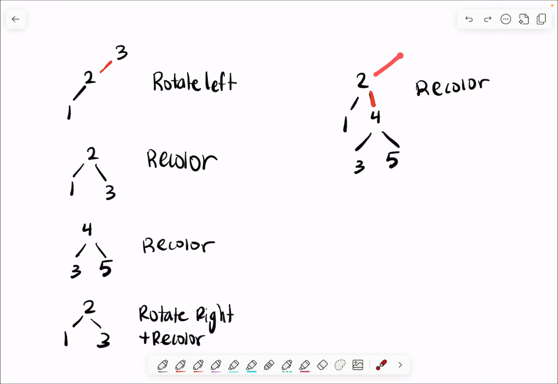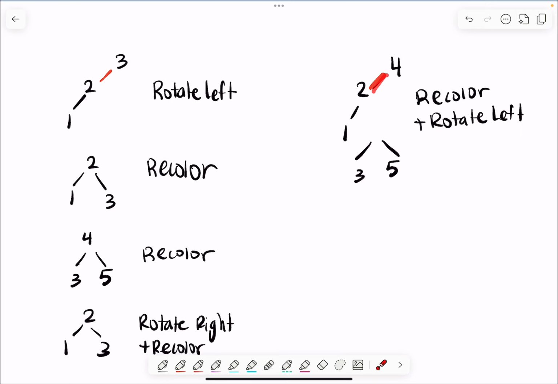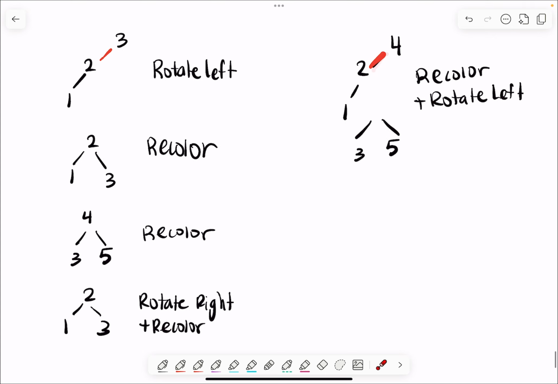It would have to look like this, and if 2 is on one side, then 4 would be on the other. So to go from here to here, I have to rotate to the left. I just focus on the 2 keys or nodes that this red link is connecting, and rotate it to the left like so. Now we made it a left-leaning red link, which is valid.